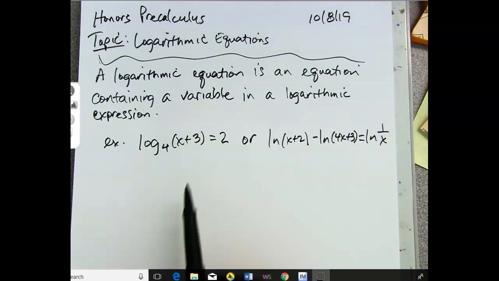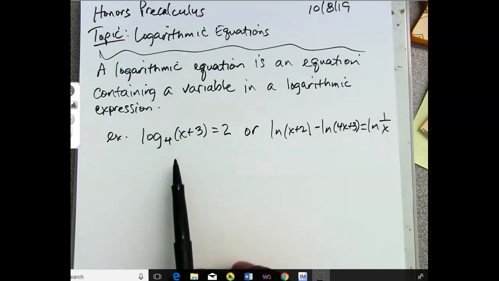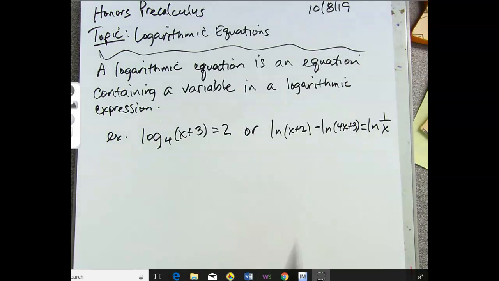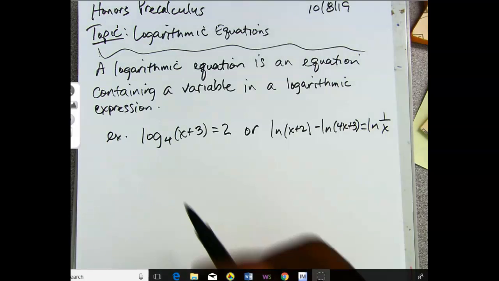Now, on the first one, you only have a log on one side of the equation, whereas with the second equation, you have a log on both sides. So kind of the same thing with the exponentials. We started off and we solved exponentials where there was only one exponential on one side of the equation, and then we expanded that so that we had exponentials on two sides.